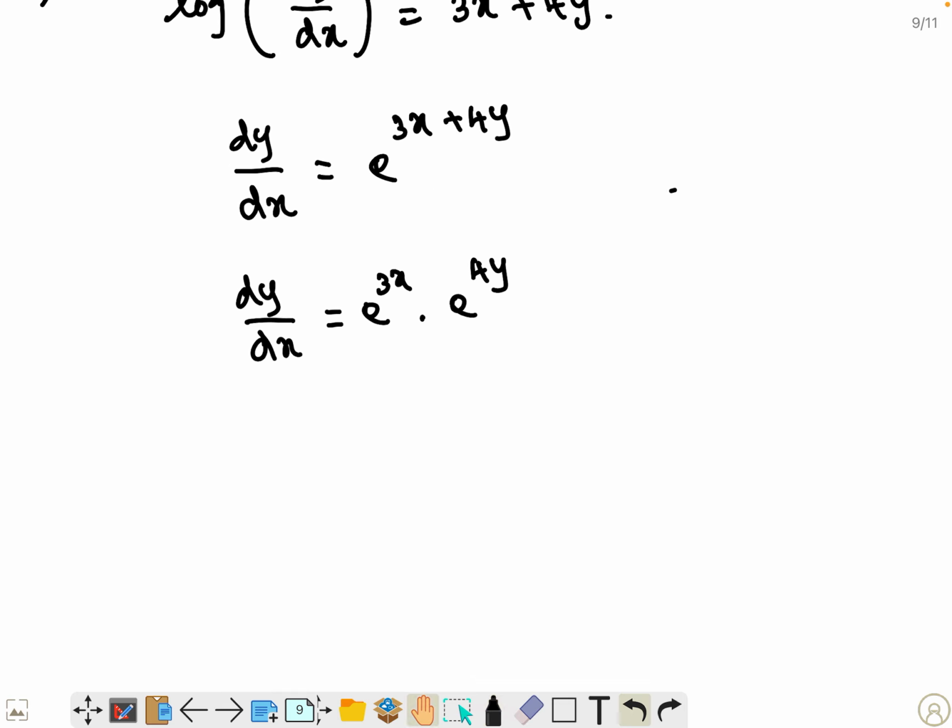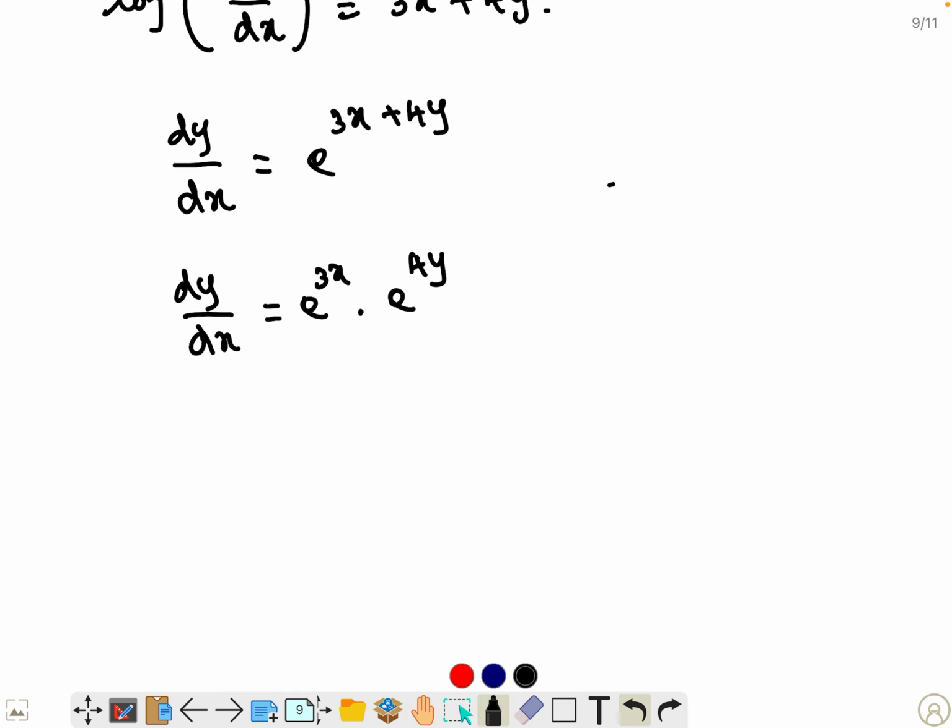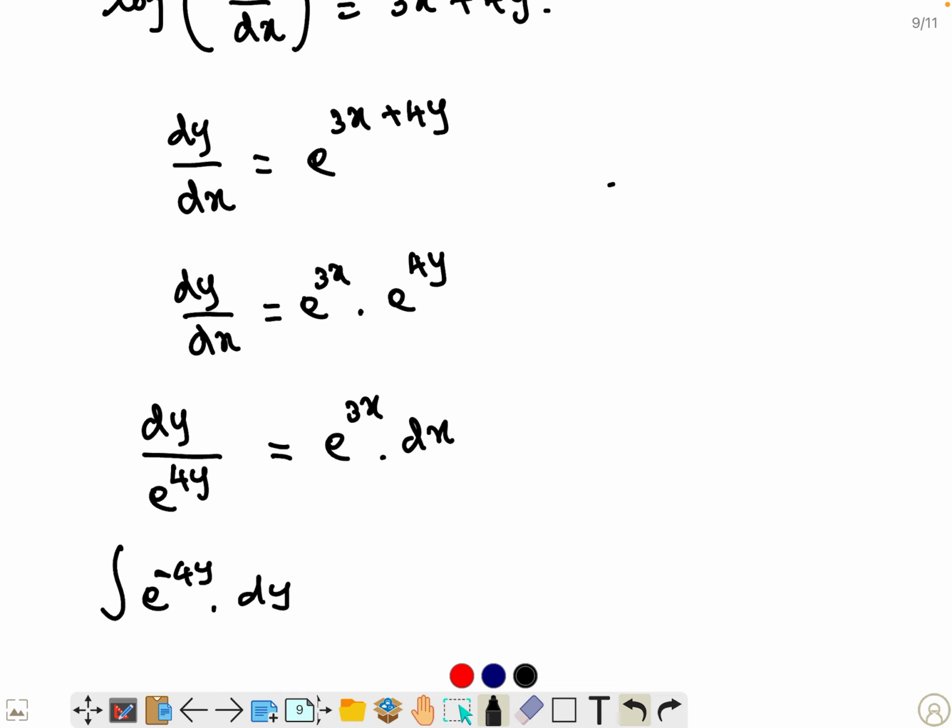This is variable separable, so we shift dy divided by e power 4y equal to e power 3x into dx. We can write e power minus 4y into dy equal to the integral of e power 3x into dx.